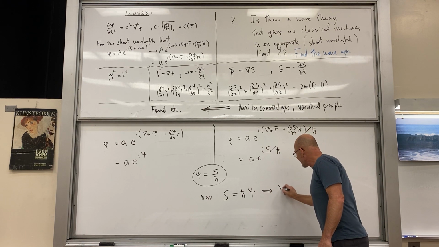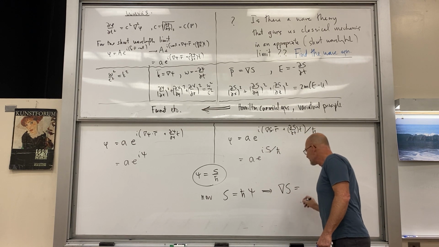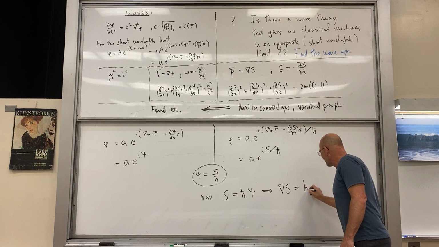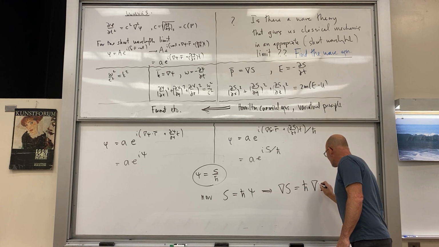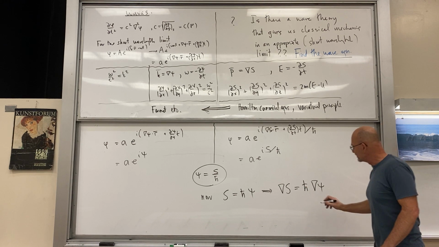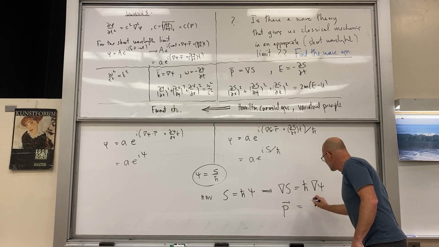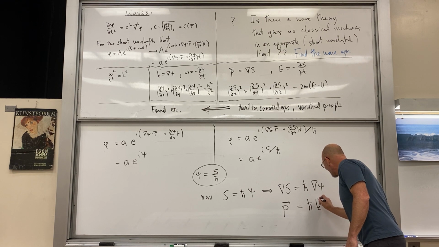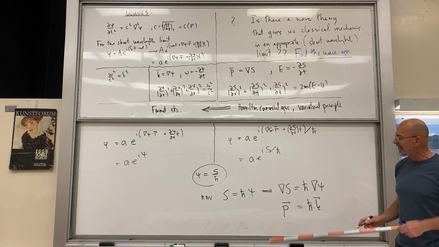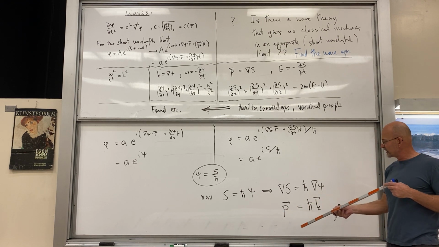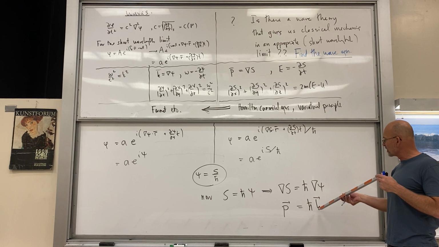So gradient S is equal to h bar gradient c, which is to say we get p is equal to h bar k. So you recognize that as one of the de Broglie relations, okay? p is equal to h bar k.